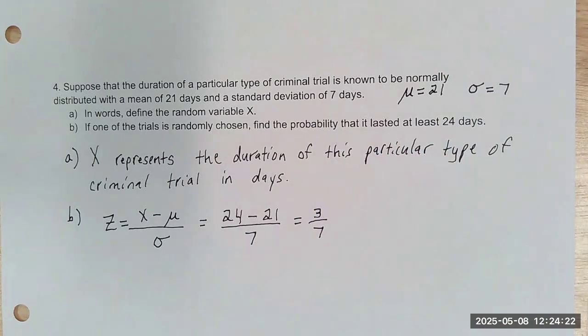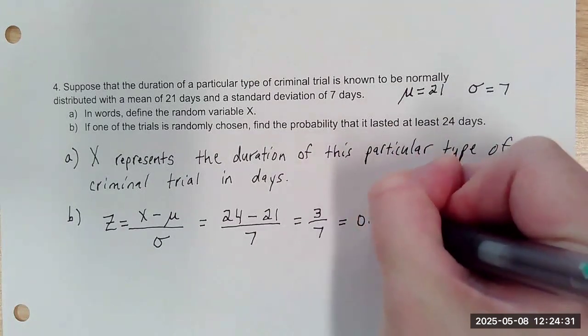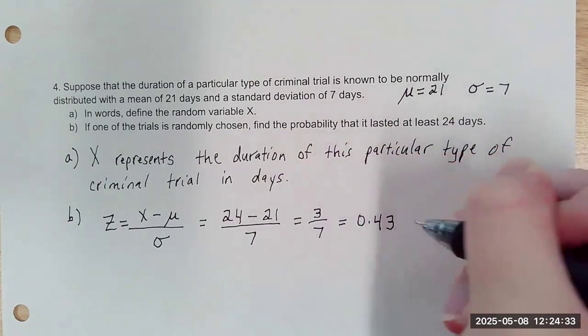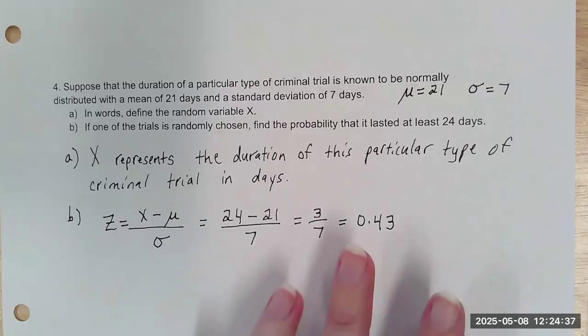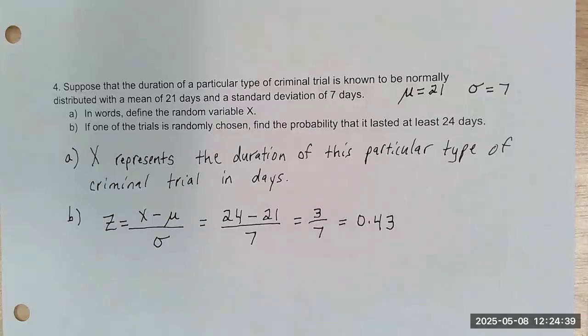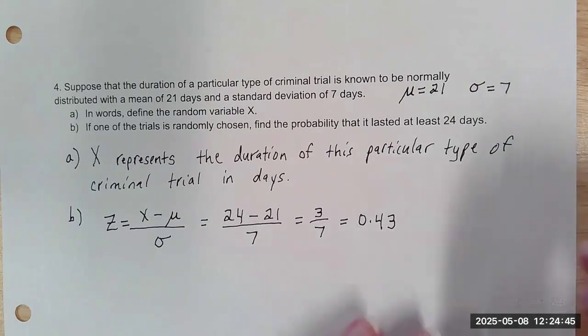So 3 divided by 7 gives us, if I round it, 0.43. And I'm rounding it to 2 decimal places because the table only goes out to 2 decimal places. So this is positive. So I need my positive Z-score table.